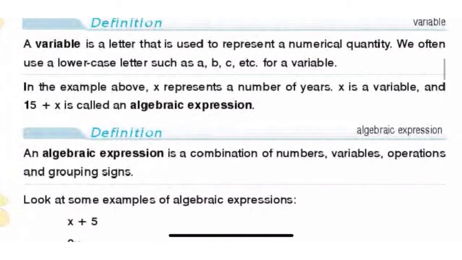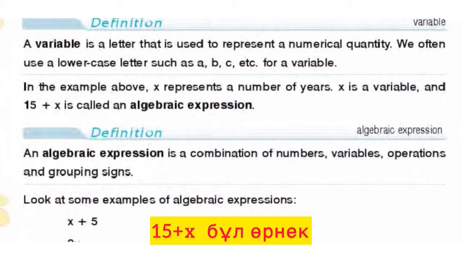In the example above, x represents a number of years. x is a variable. Now, note that this is not x like in Kazakh language. It's x in English, a variable. And 15 plus x is called an algebraic expression.